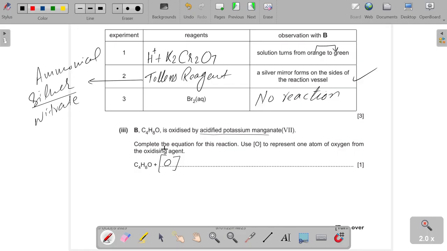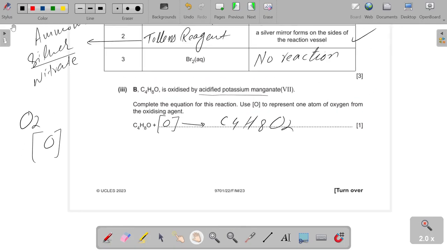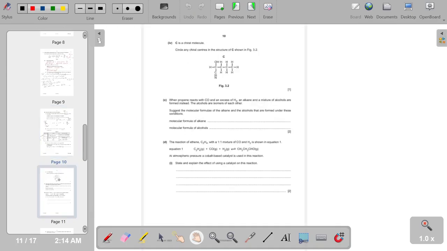It is the atomic form of oxygen, more reactive than the molecular form O2. Then you will get C4H8O2. Now I think I should proceed to the next page. Here we have the next page. So what's the question?